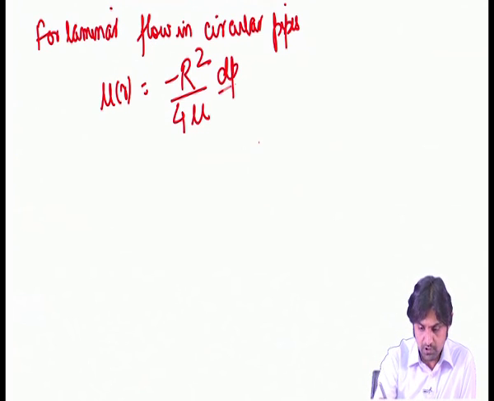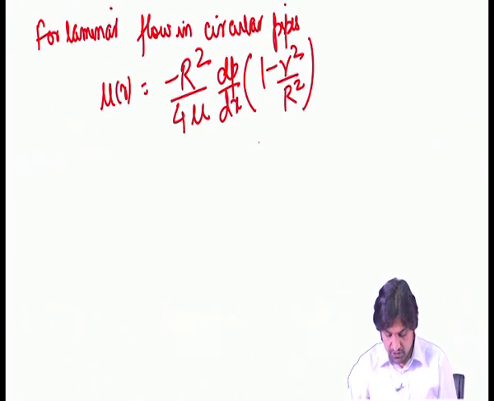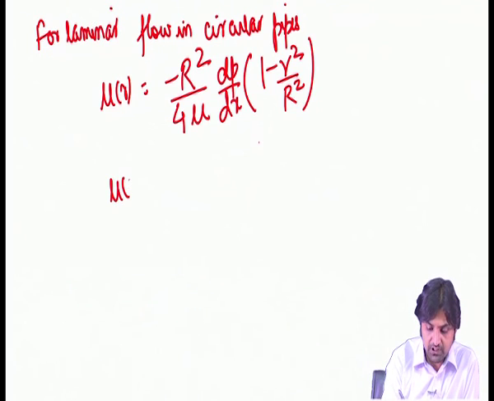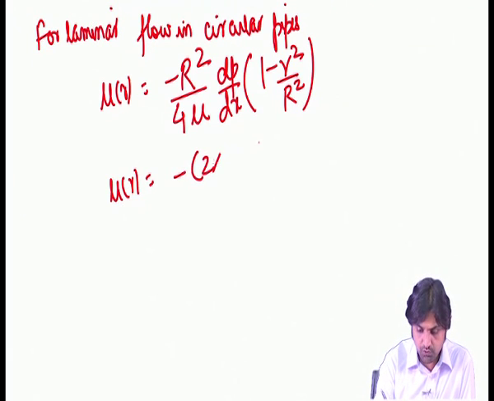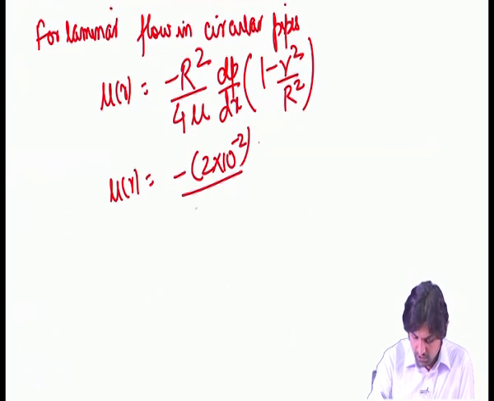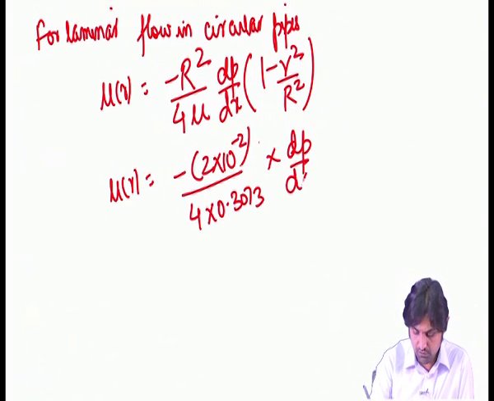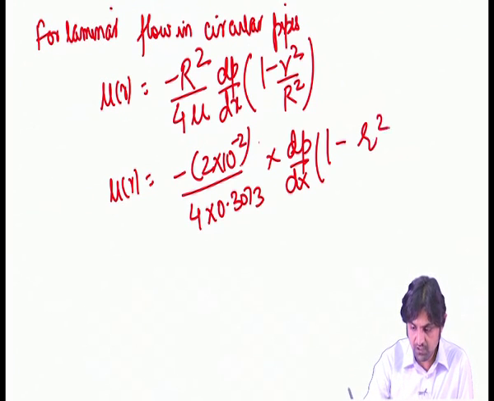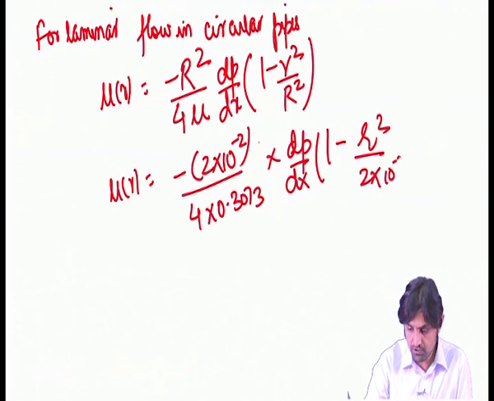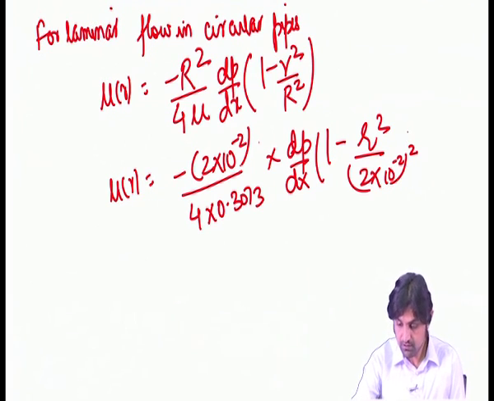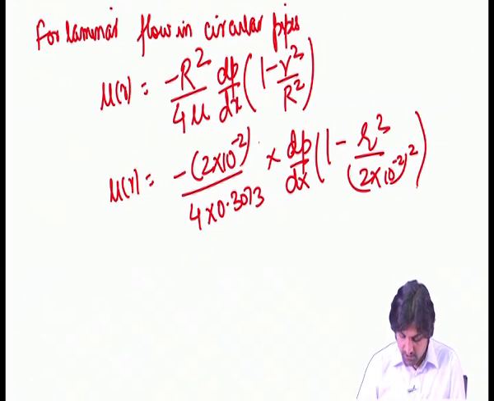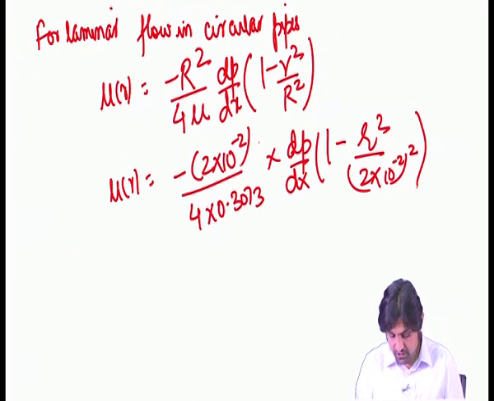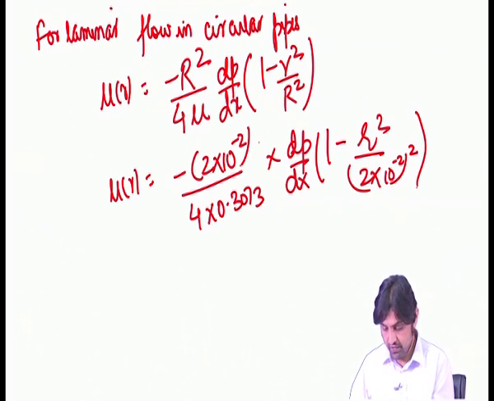This was the formula that we derived already, okay, and we know many values, so we can simply write minus R, we already know, 2 into 10 to the power minus 2 divided by 4 into 0.3073, dp dx we don't know, okay, into 1 minus r square over capital R, we know, 2 into 10 to the power minus 2 whole square, right. So this is the profile that we are able to find.